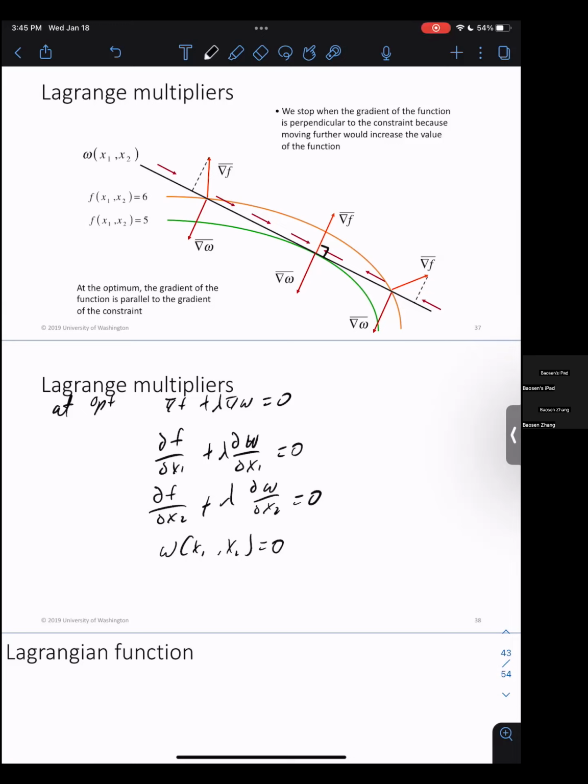In our case, it turns out to be linear. So you just solve them and be done. You find out the ultimate solution. Okay, so this is three variables, three equations, and you're done.